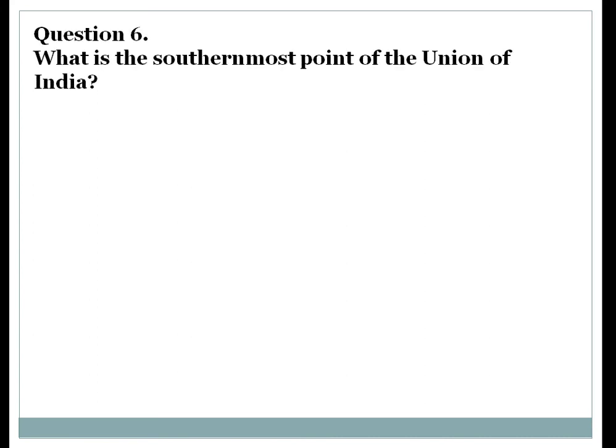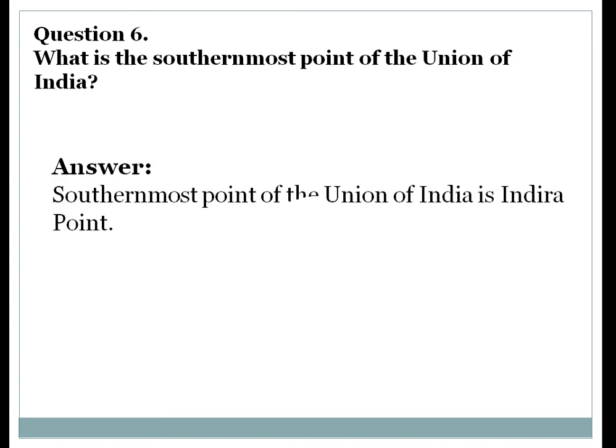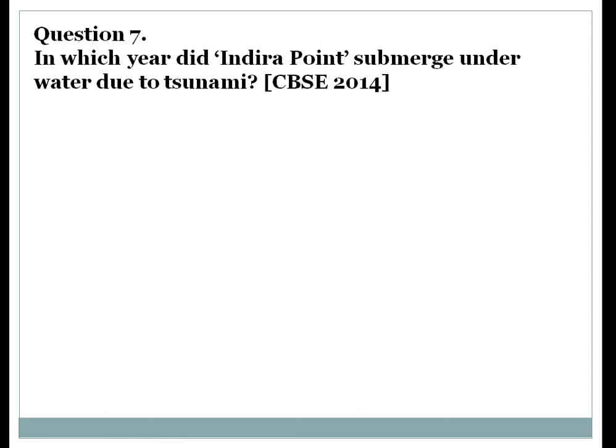For this part we have one more question which will help you understand more. The southernmost point of the Union of India is Indira Point, and one question arises in your mind. That question will be the 7th one. It's clear to you?